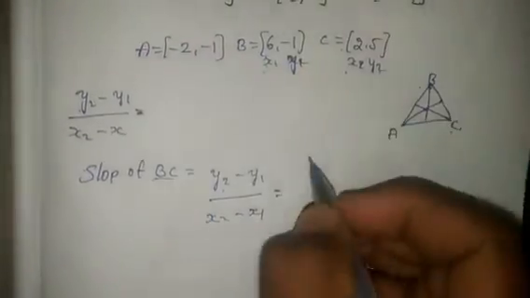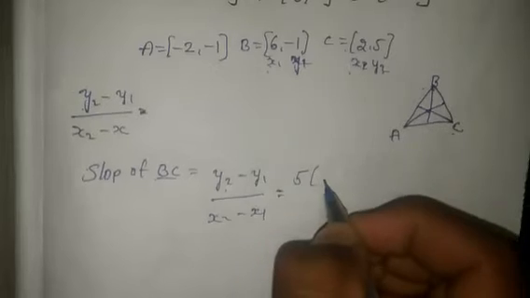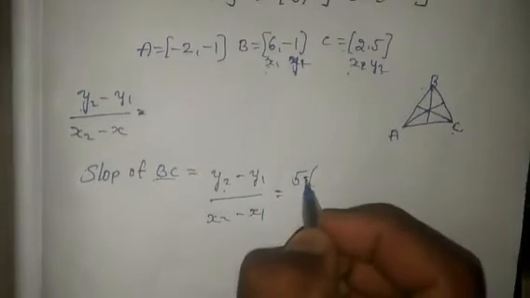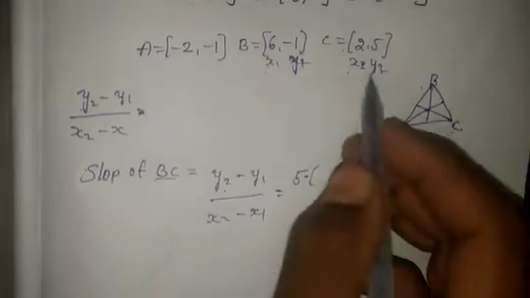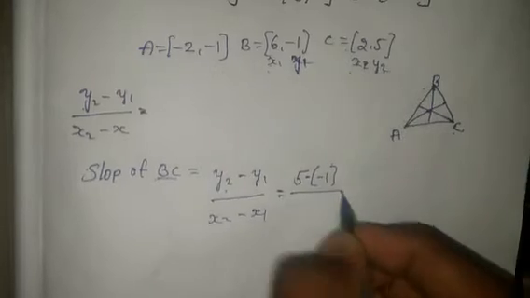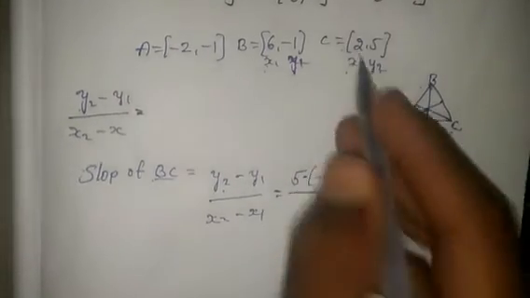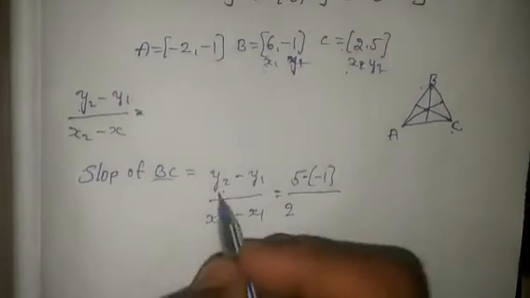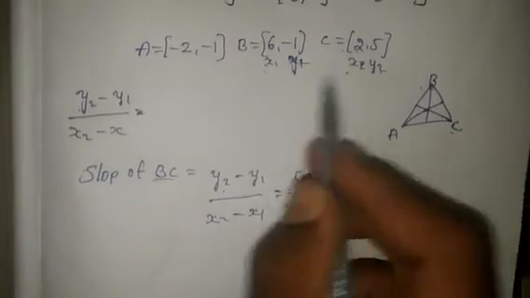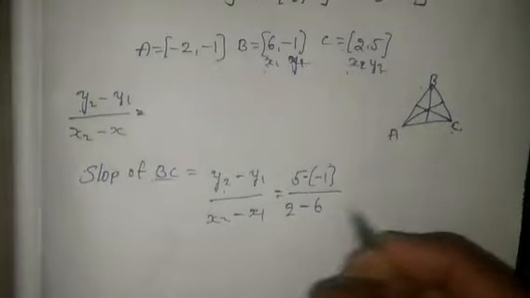So y2 is 5 minus y1, which is minus 1, divided by x2, that is 2, minus x1, which is 6.